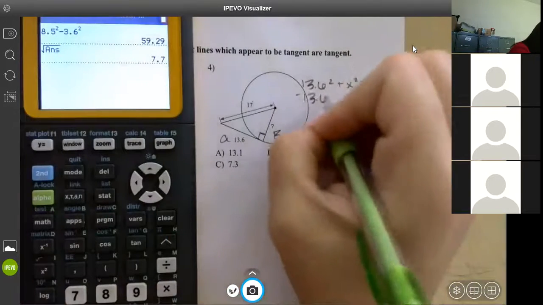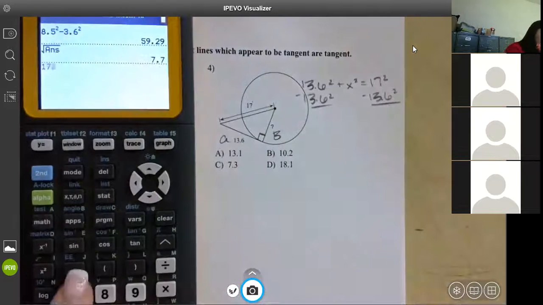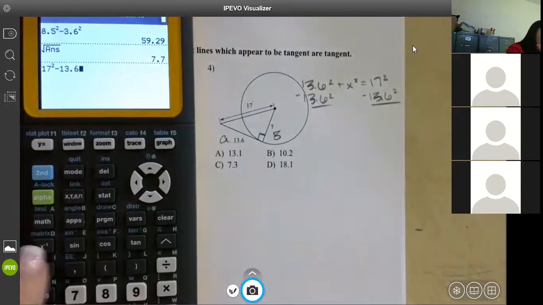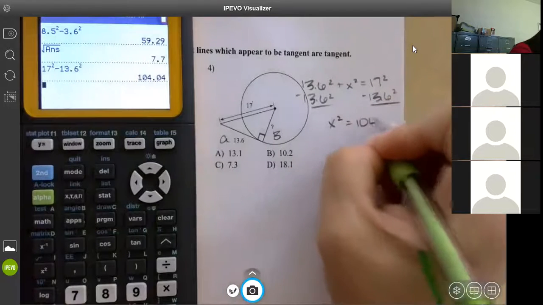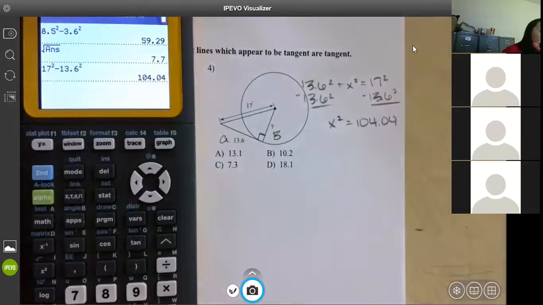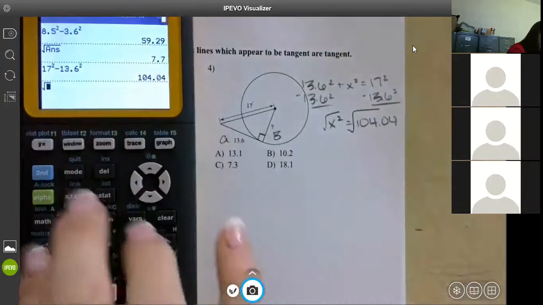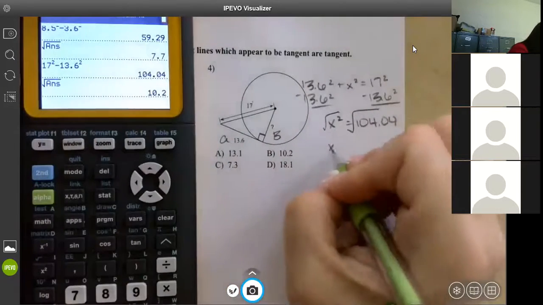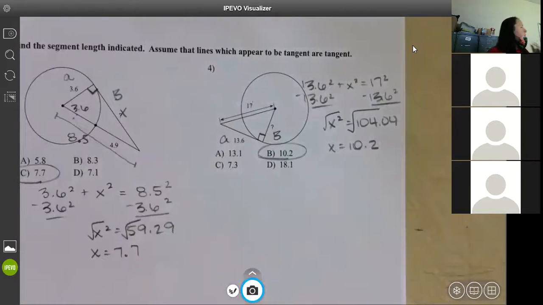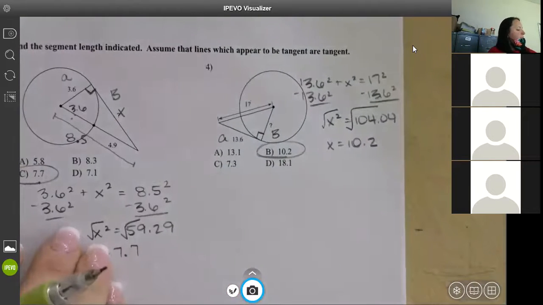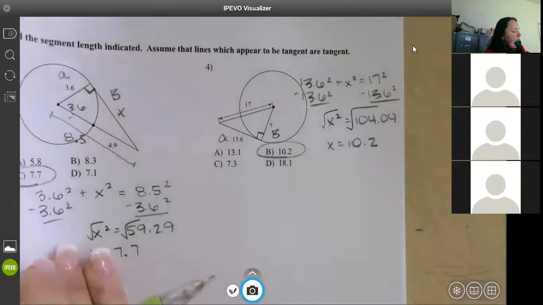Again, I'm really lazy and I get to use my calculator all the time, so it doesn't matter. 17 squared minus 13.6 squared gives us that x squared is 104.04. Take that square root again, and we get x equals 10.2. That's all you have to do. Is everybody okay with those? Those are pretty easy ones anyway.